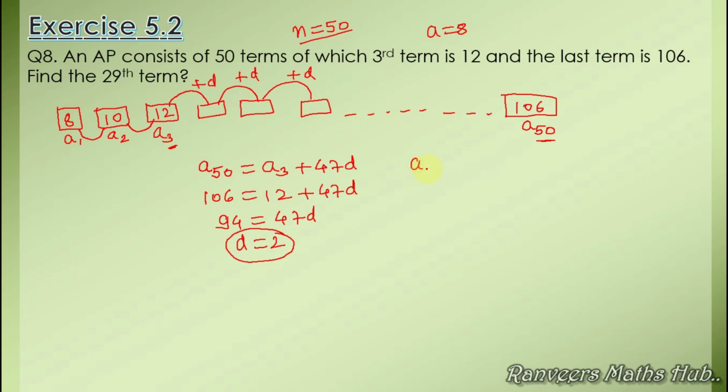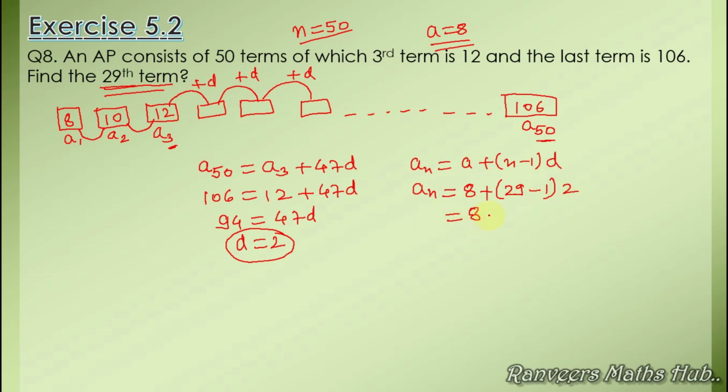Now we can write down the formula: an is equal to a plus n minus 1 multiplied by d. What did the question ask? The 29th term. We consider the 29th term as an. The first term we already have is 8, so we put in the values. The value of n is 29, because you have to find the 29th term, and d is already 2.